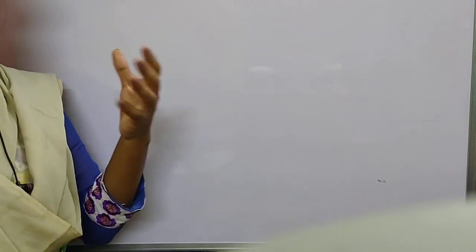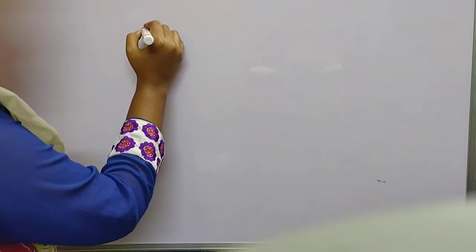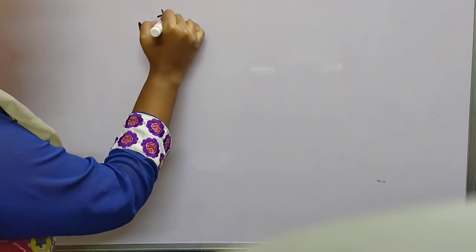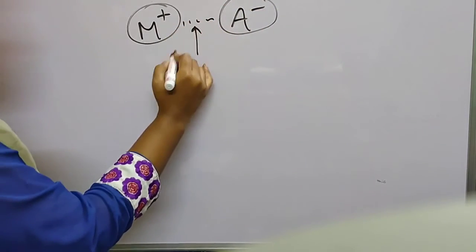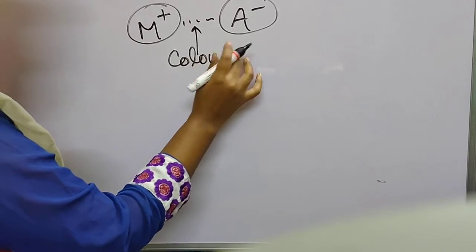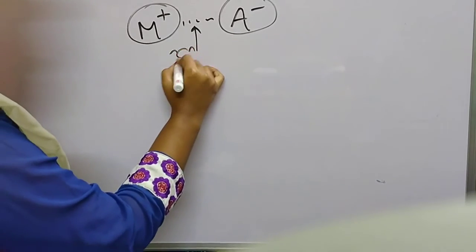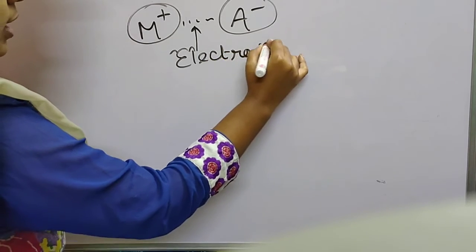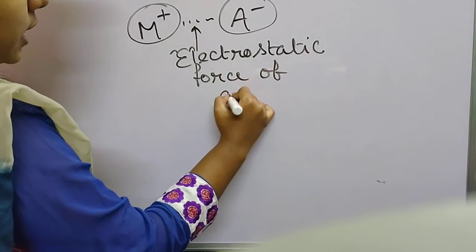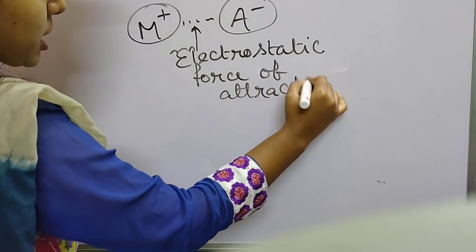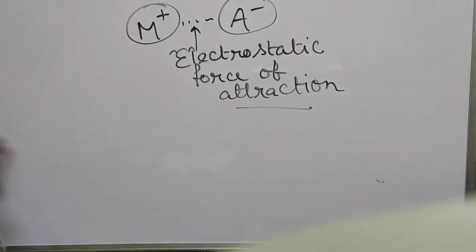A covalent bond is made by strong overlapping, but an ionic bond is formed by two ions, a cation and an anion, and the attractive force between them is the electrostatic force of attraction, and this electrostatic force of attraction is much stronger than the covalent bond.